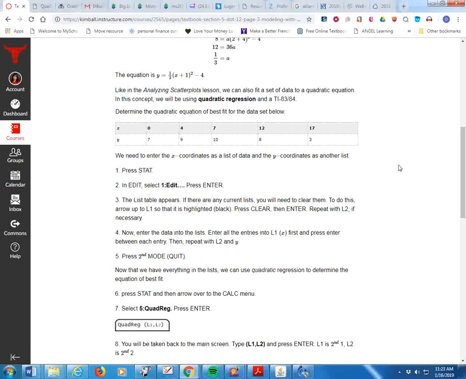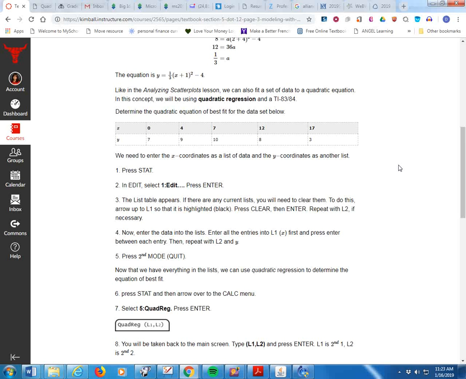It's right below the delete button, I think. Then go to Calc, and then go down to Quad Regression, or Quad Reg. Hit Enter, and then I think you hit Enter again.